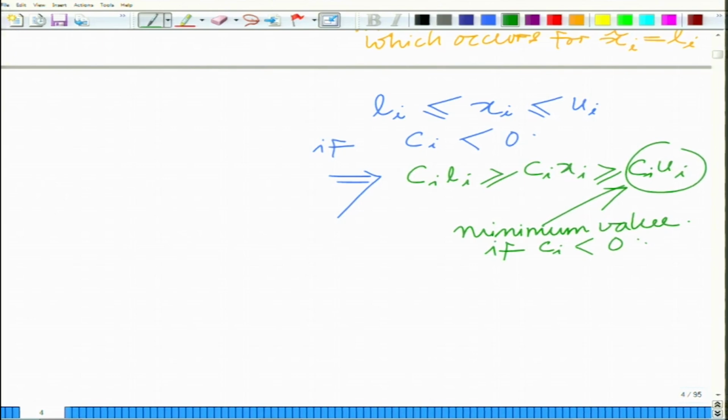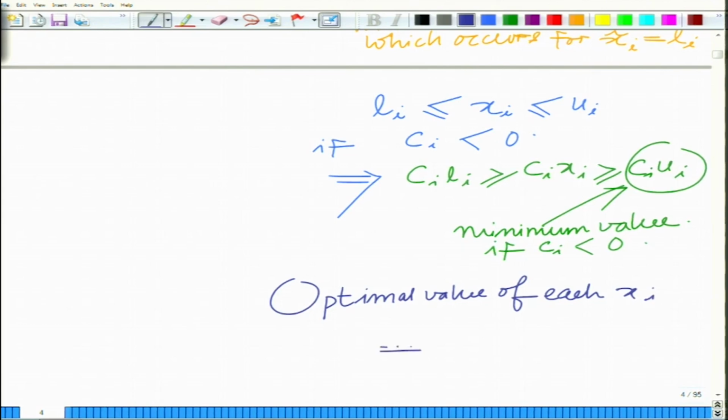And therefore, the optimal value of each xi, now it is clear, this is equal to, well, what is this equal to?